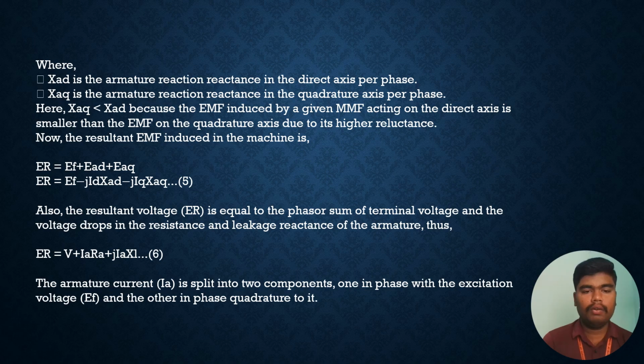Also the resultant voltage ER is equal to the phasor sum of terminal voltage and the voltage drops in the resistance and leakage reactance of the armature. Thus the sixth equation is ER equal to V plus IA RA plus jIA XL. Then coming to the armature current, it is split into two components: one in phase with the excitation voltage EF, and the other in phase quadrature to it.